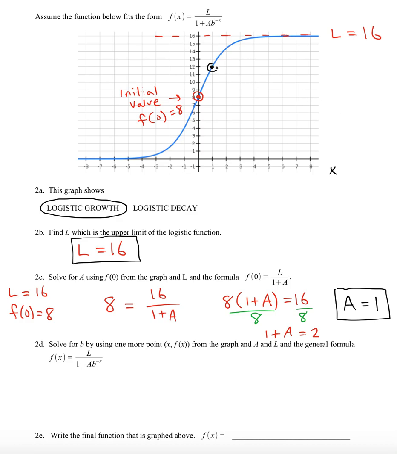It looks like it hits pretty exactly at (1, 12). So for the combination of x equals 1 and f of x equals 12, we can use that down here to solve.